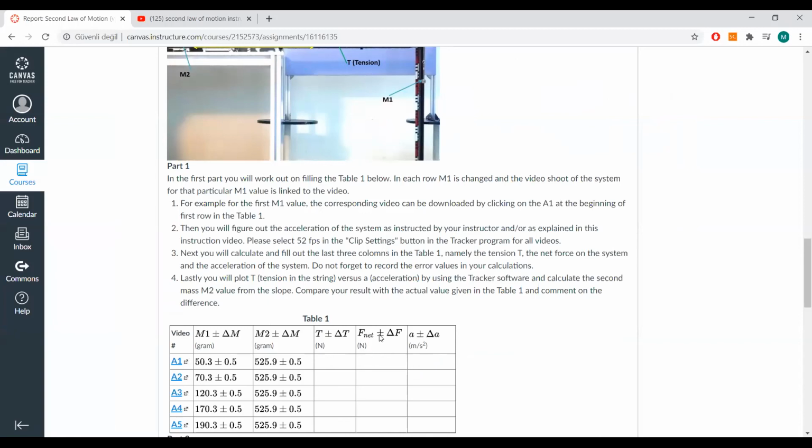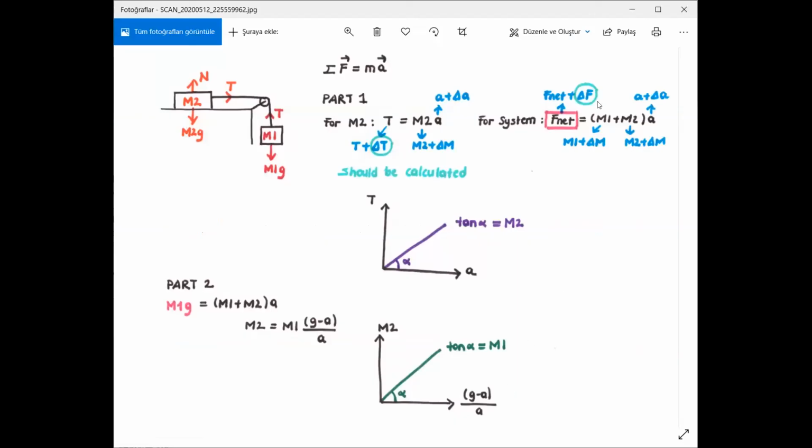Fnet is the net force exerting on the system. It can be calculated by using the Fnet equals M1 plus M2 times A formula.